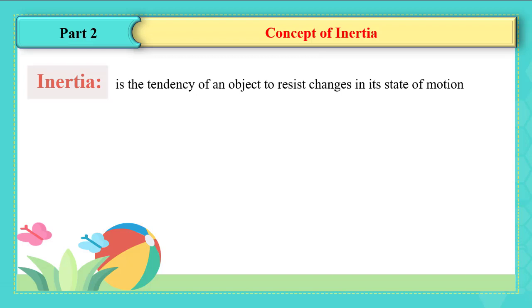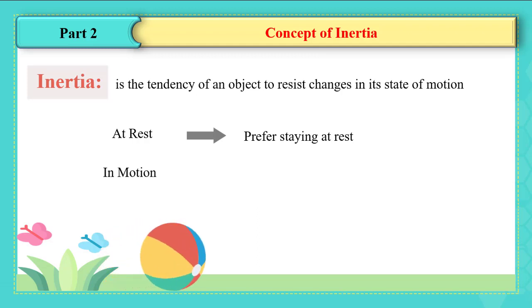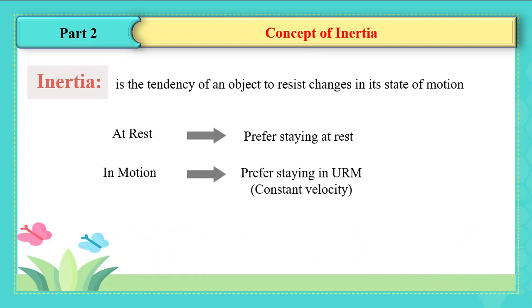In other words, objects tend to keep on doing what they are doing. If an object is at rest, it prefers to stay at rest, and if it is in motion, it prefers staying in uniform rectilinear motion with constant velocity, magnitude, and direction.